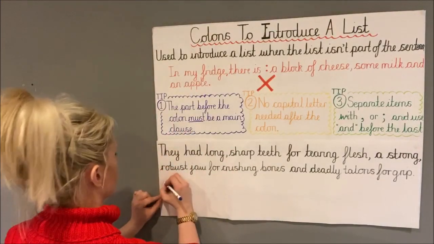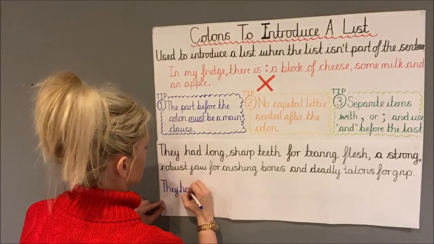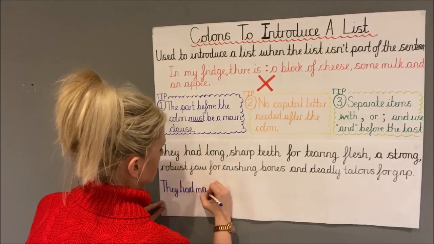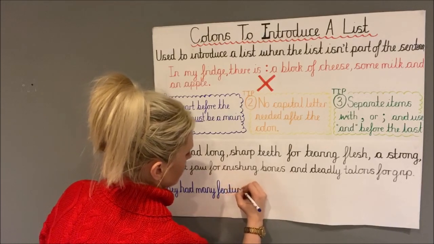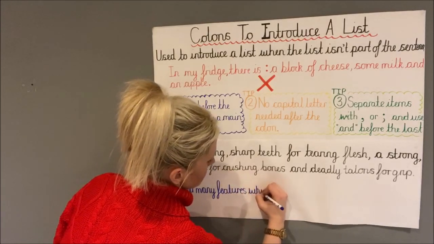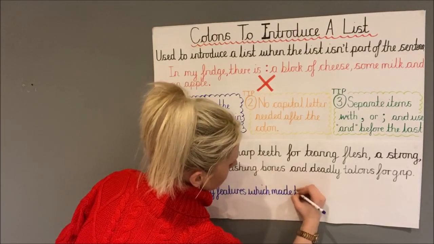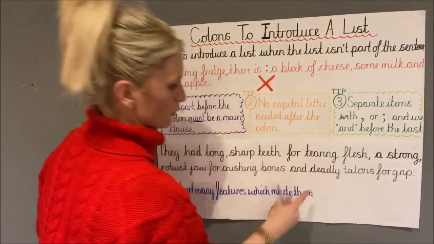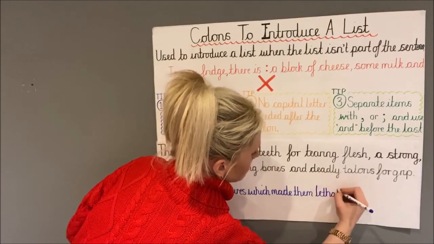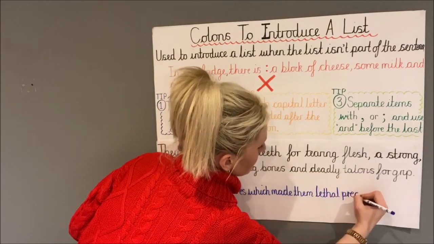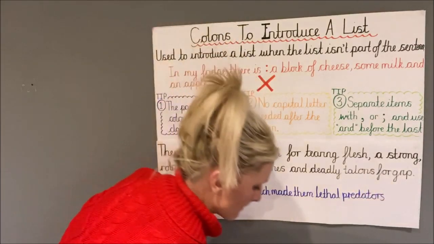Okay, so I'm going to say they had many features which made them, I'm not going to use the word deadly because it's already in my list, so I'm going to use the word lethal predators. And then I'm going to place my colon.